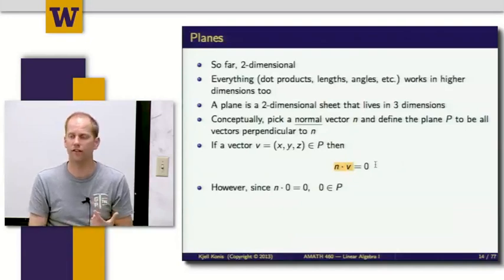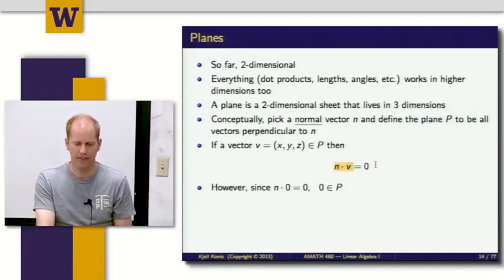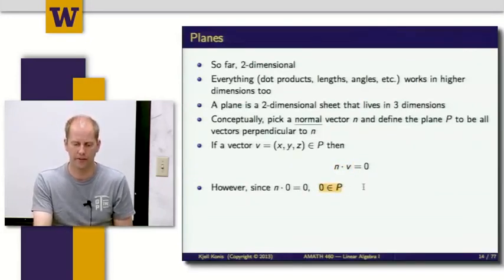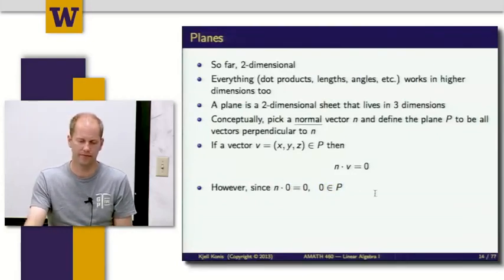Because the normal vector is perpendicular to all the vectors in the plane, and my condition for a dot product being 0 was that the vectors were perpendicular. And if I also allow 0 to be in the plane, so this plane contains the origin, so we'll generalize on that in a moment, but right now it's a plane going through the origin, then I would have n dot 0 equals 0.